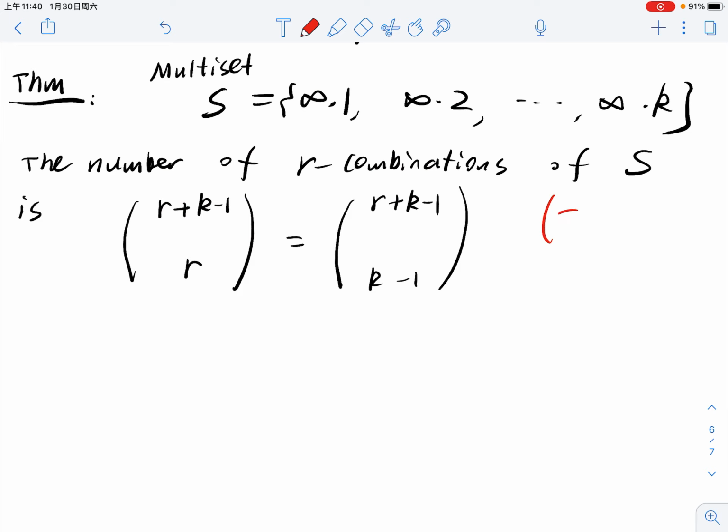This is because we know before that n choose k is n choose n minus k.